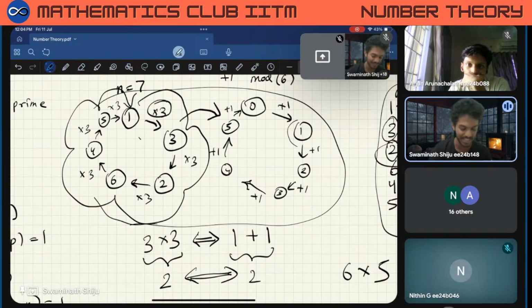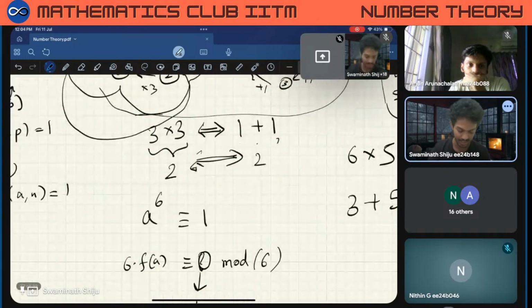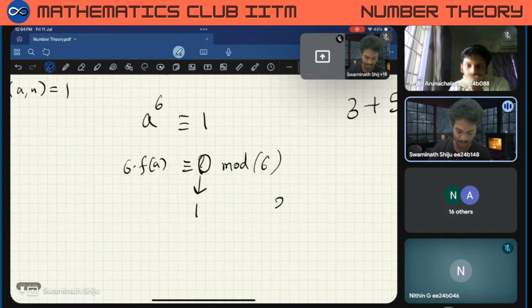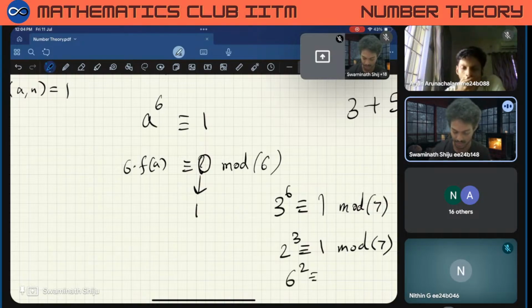When you're multiplying with say 2, you actually only need to go 3 times to reach back here. 3 to the power 6 is 1 mod 7. But 2 to the power 3 itself is 1 mod 7. Or maybe 6 to the power 2 is 1 mod 7.